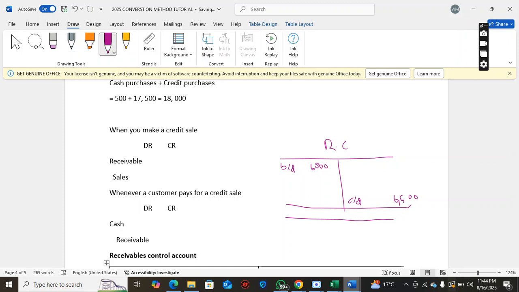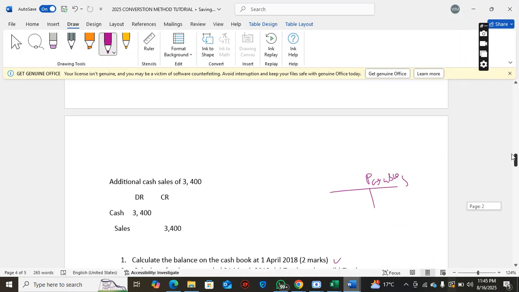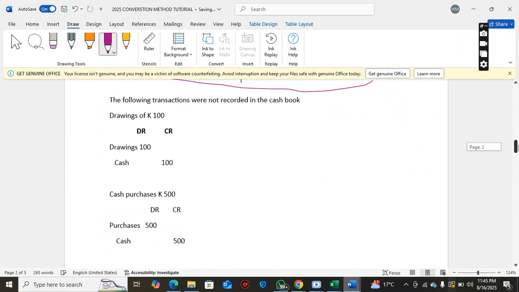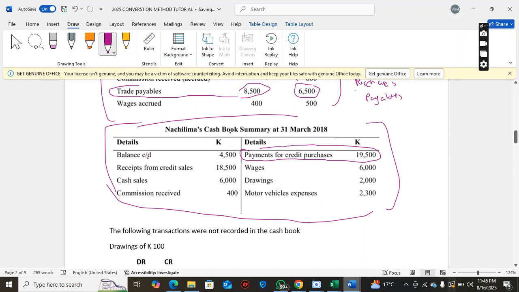Step two, look for any transactions dealing with the receivables control account. From our cash book here, we can see receipts from credit sales. Since it's on the debit side here, it should be on the credit side of the receivables control account.